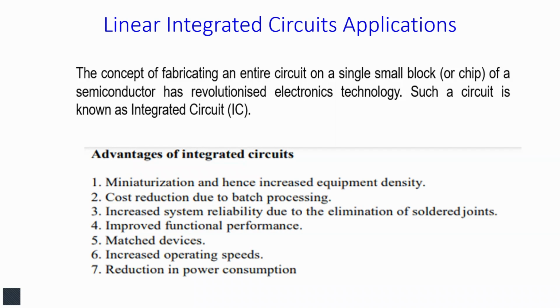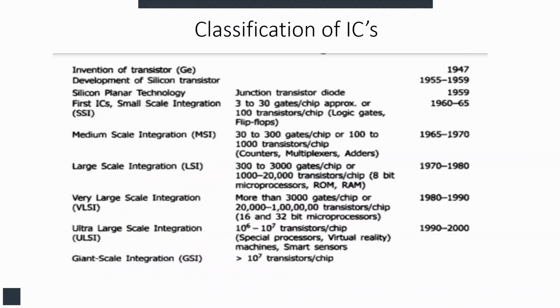Coming to its reliability, since we are not going to have any soldered joints, these ICs are more reliable compared to discrete components. And its functional performance is also improved, and the operating speeds are also increased. Since the size is very small, the amount of power consumption is also reduced.